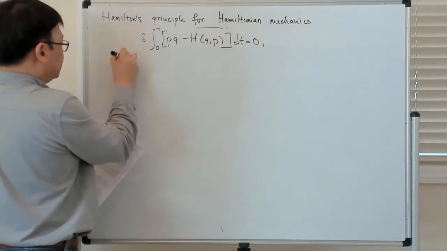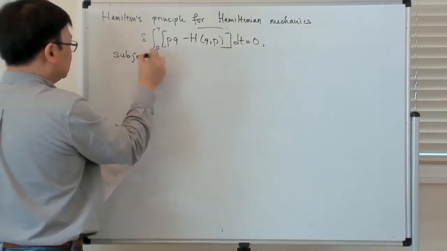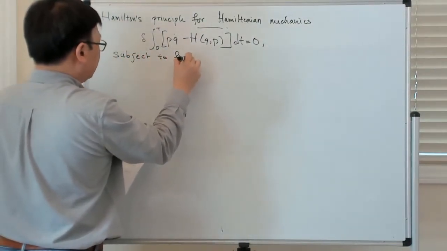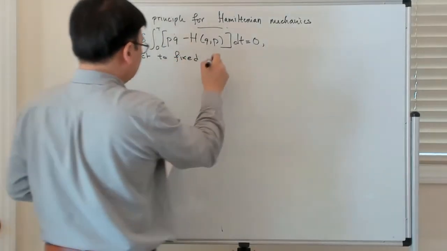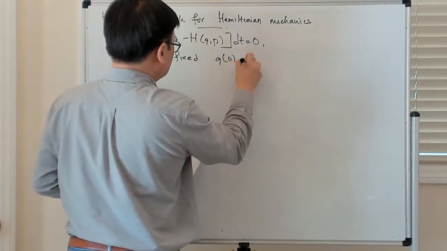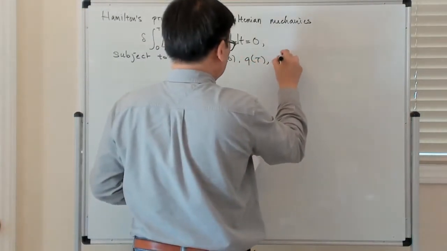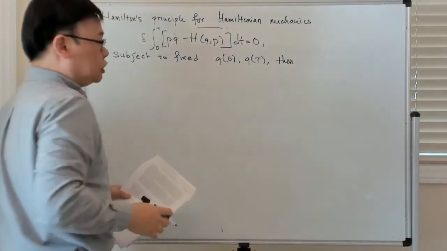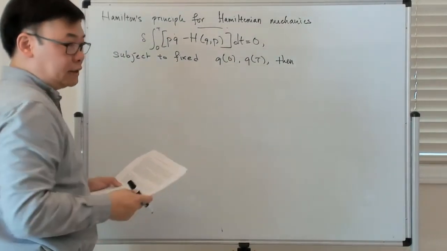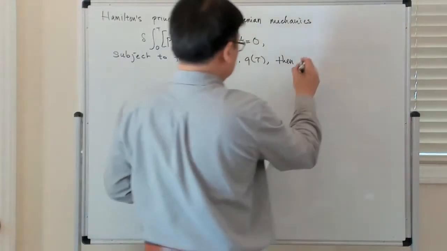So subject to fixed initial position, q0, and final position, right? Then the stationarity conditions are basically just Hamilton's canonical equations.